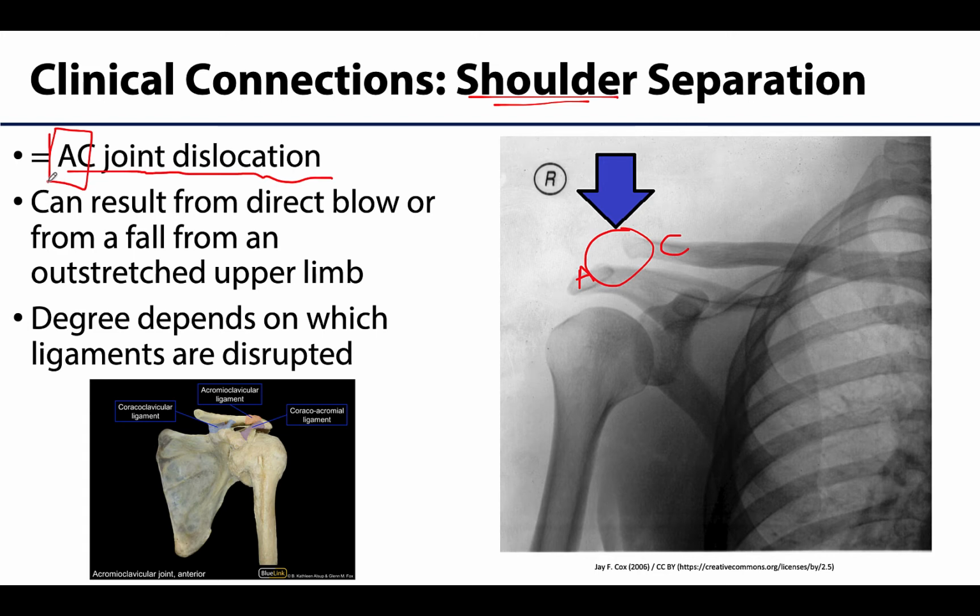Now the degree of the shoulder separation can vary from a slight disruption to a complete dislocation. And usually, if there is a complete disruption of this ligament right here, your coracoclavicular ligament, you know that that's going to be one of the more severe separations of this joint, the AC joint.